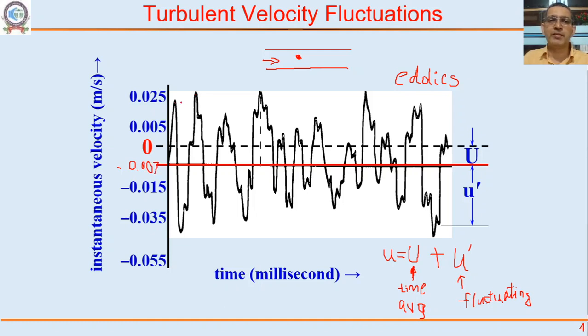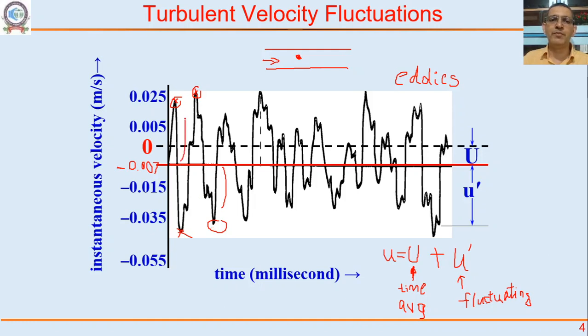But look at this instant, velocity is positive, it is in the other direction. Here velocity is significantly more negative. So mean velocity is negative, minus 0.007, let's say, but the instantaneous velocities can be positive, or they can be very large negative values, 3 or 4 times this number.